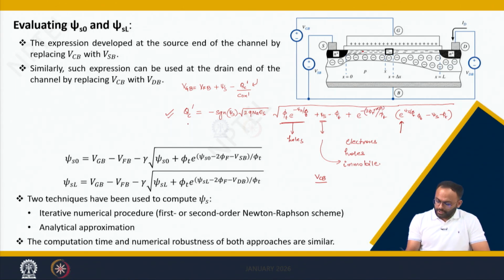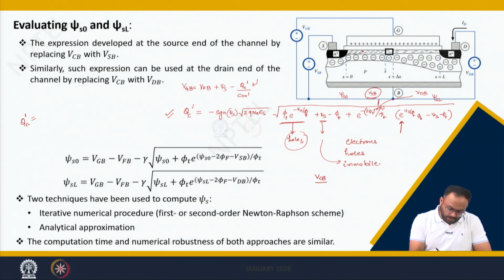So, following these previous expressions, we can use QC dash for inversion and depletion, ignoring the hole contribution. Further, we are replacing VCB by VSB to write the expression of surface potential psi S0, and we replace VCB by VDB to write the expression for psi SL.